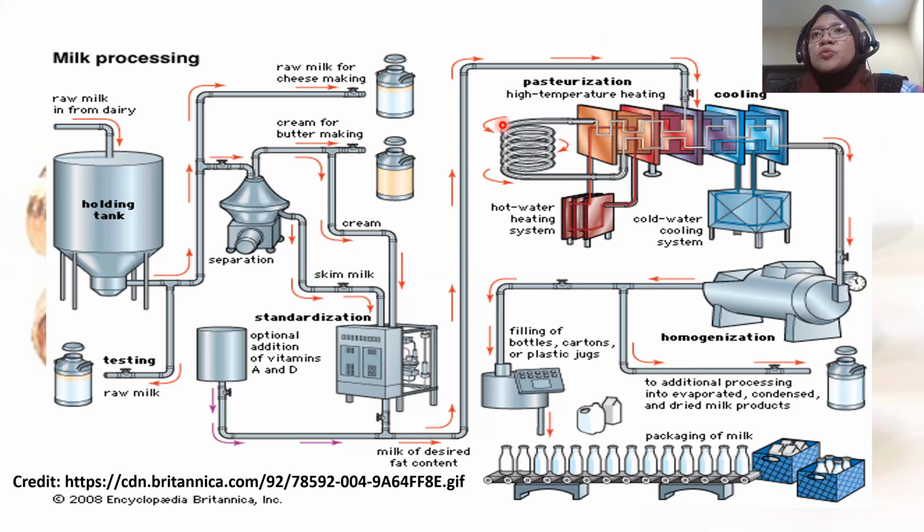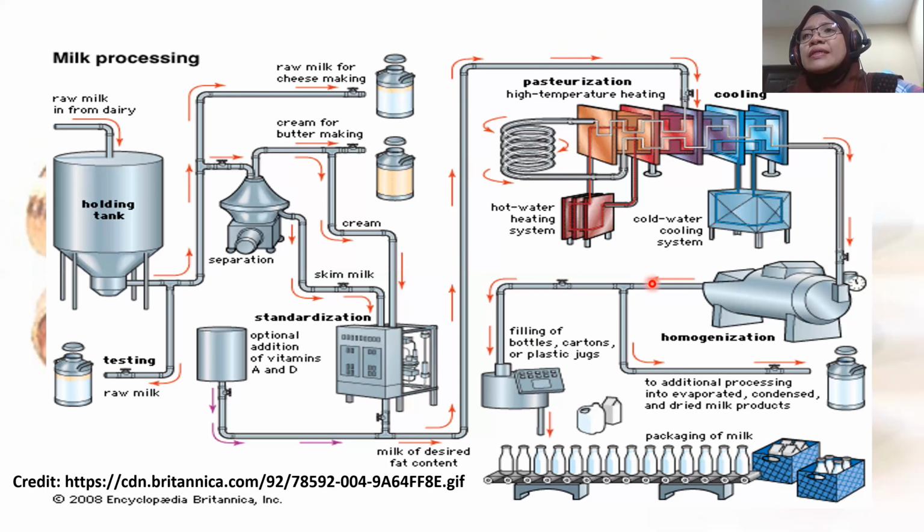Right. And then next, the pipe transports the standardized milk into the plate heat exchanger for heat treatment. And then after that, the pipe will transport the milk into the homogenizer, and then into the filler unit operation here.